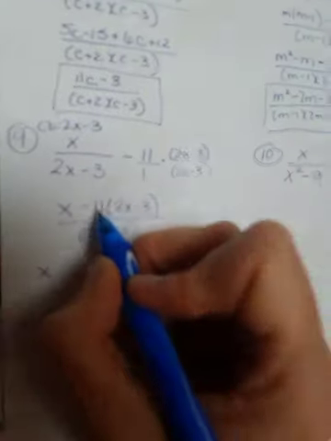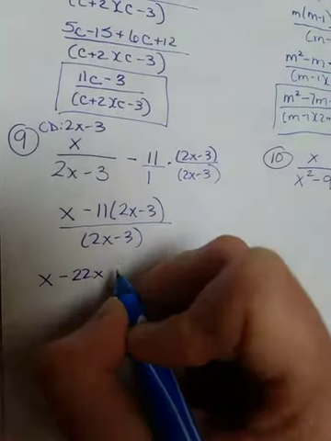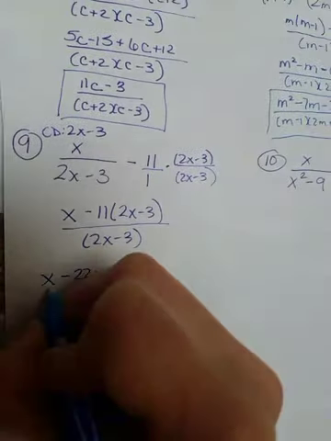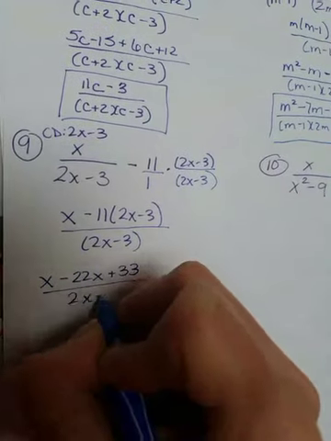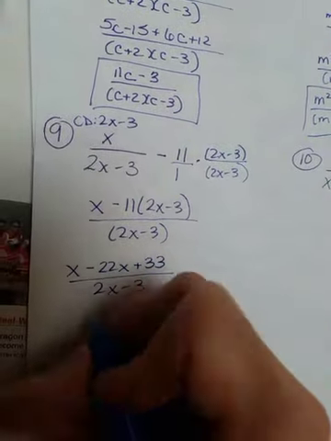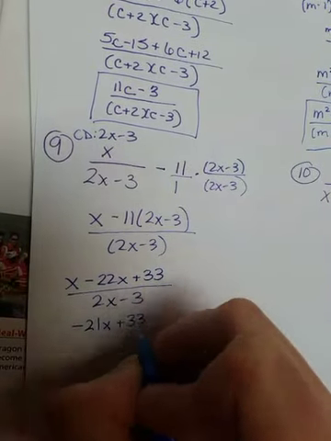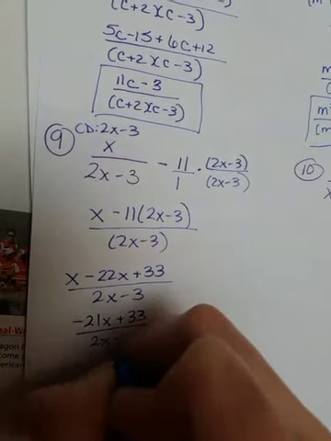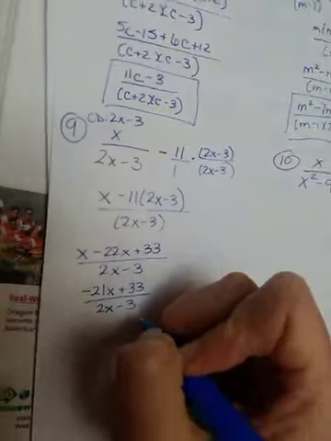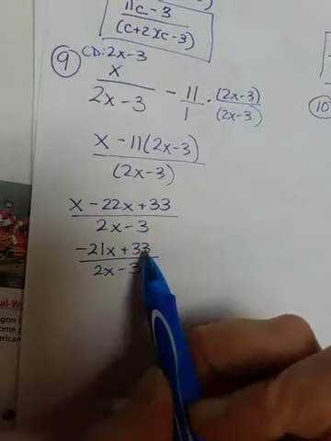So let's distribute in. Negative 11 times 2x is negative 22x. Negative 11 times negative 3 is positive 33. Okay, so 1x minus 22x, that's going to be a negative 21x plus 33 all over 2x minus 3. Again, if you can factor, you should. So what goes into 21 and 33?